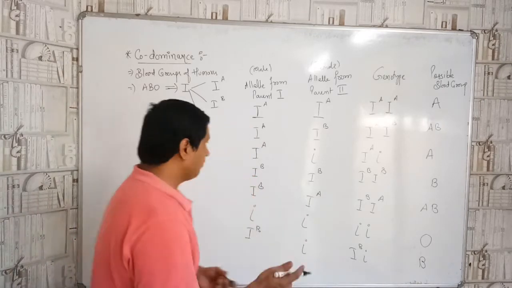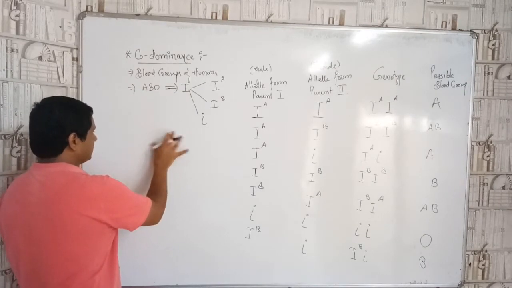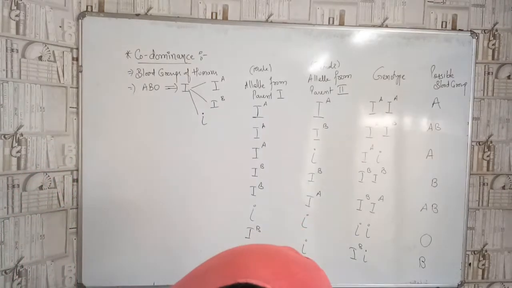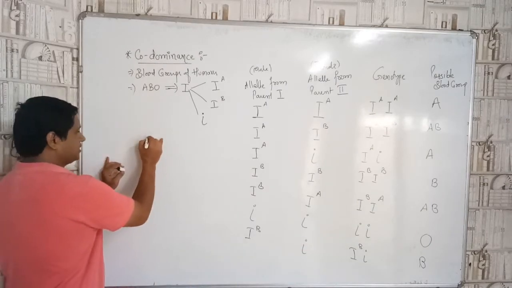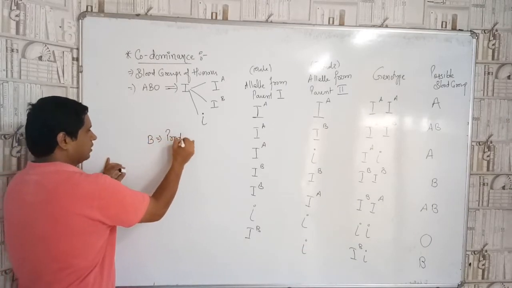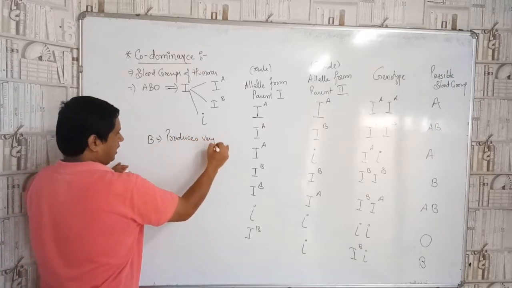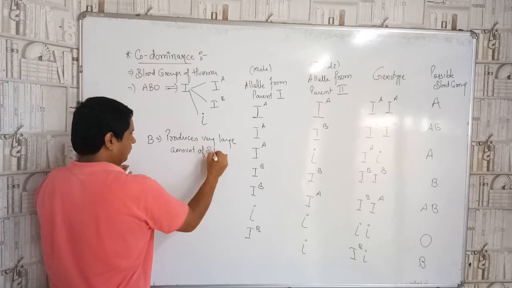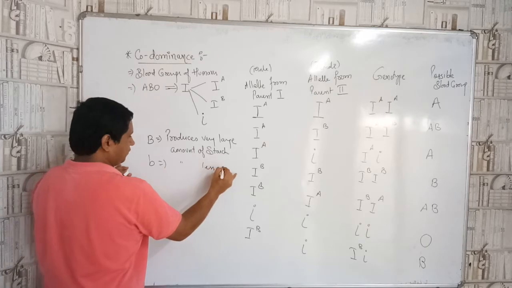Now let us see an example. That is the seeds which are having the dominant character, we can say, of the B type, or we can say the seeds as such, they are producing starch. So the allele which is having B produces a very large amount of starch, whereas b produces less amount of starch.